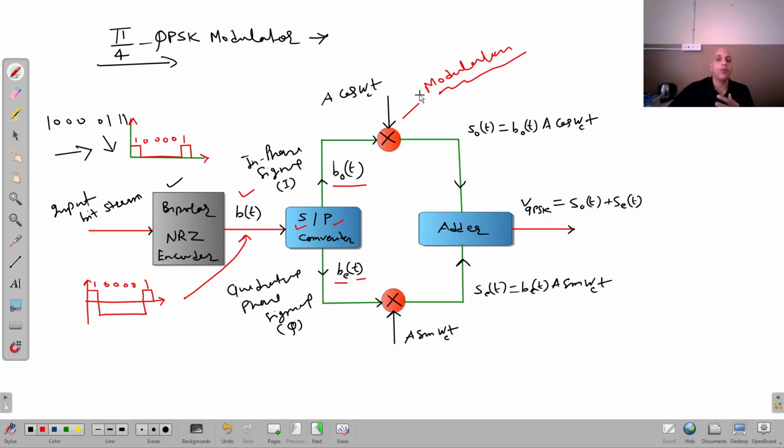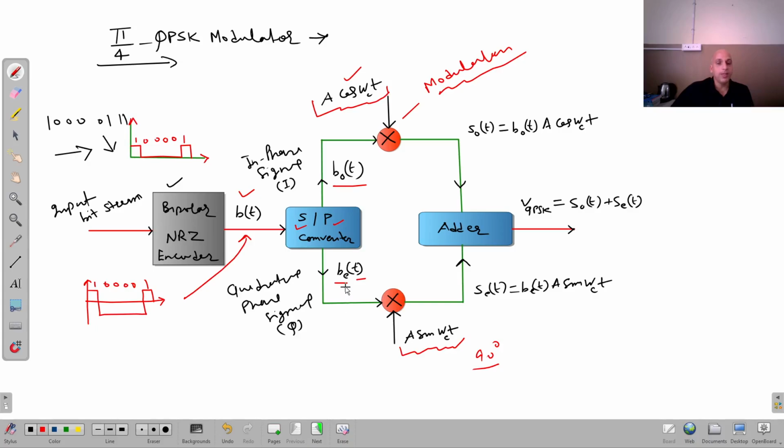And what is the task of product modulator? The task of the product modulator is to modulate this carrier wave. Now it is very important, you can see here, this carrier wave is A cos of omega ct, and this carrier wave is A sine of omega ct. Both of them are 90 degree out of phase, right? Now here this odd bit stream or odd bit NRZ data is sent to this product modulator, so it will change this carrier wave according to it.